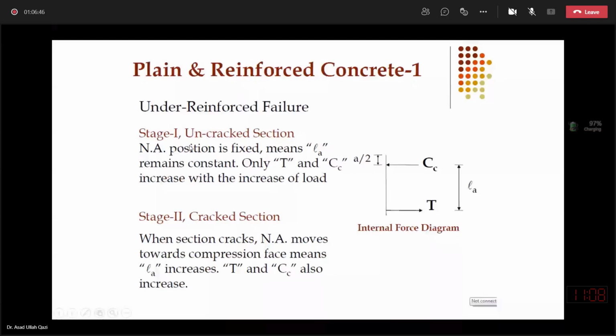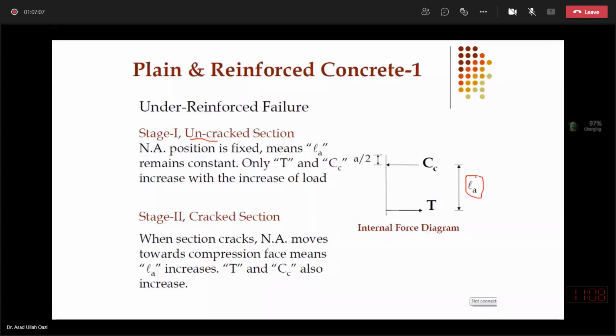First is the uncracked section stage. Neutral axis position is fixed, means internal lever arm remains constant because section is gross, it is uncracked.